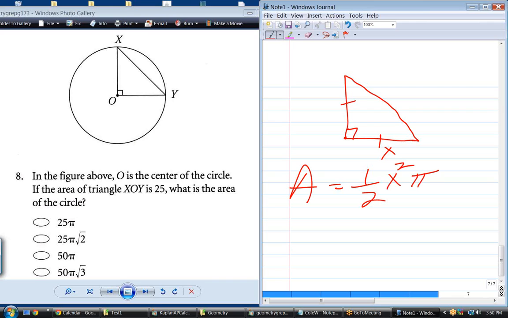It's 1/2 base times height, but if this is x, so is that. So it's actually 1/2 x squared. And they're saying that that is equal to 25. So solve for x. Once you have x, you'll know the area of the circle.